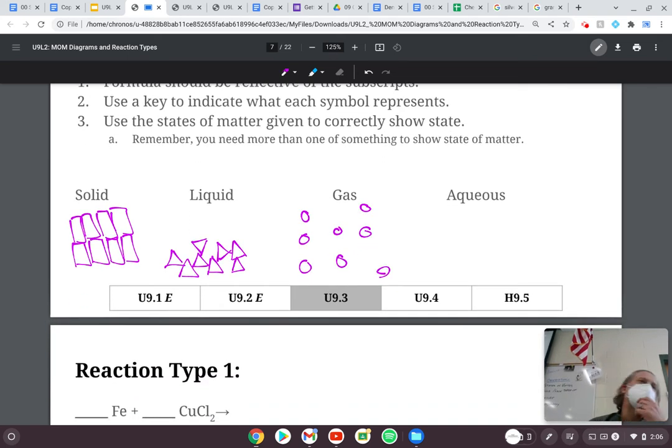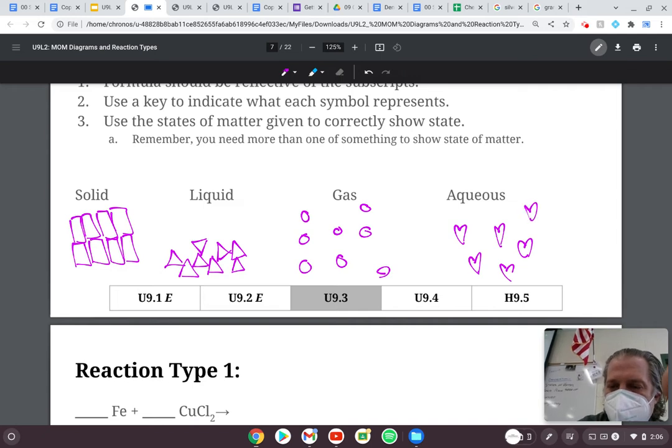And now your aqueous situation is going to be represented by being dissolved in water with an X. I'm going to use the circulatory system organ that's the most important, in my opinion, to represent here. 1, 2, 3, 4, 5, 6, 7, 8.